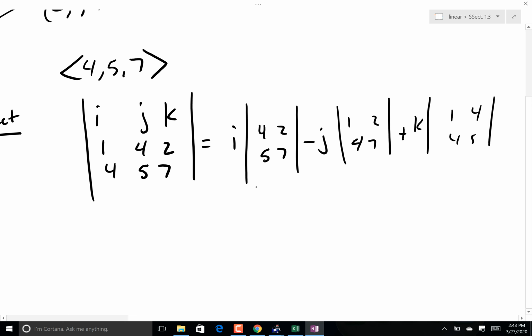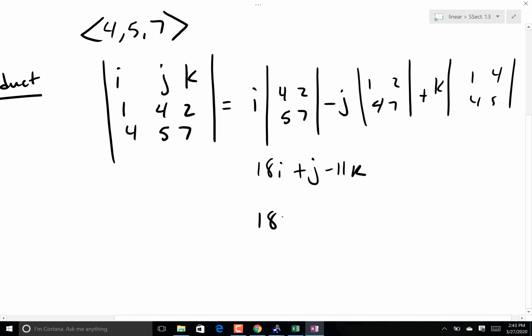You get 28 minus 10 is 18i. Then 7 minus 8 is negative 1, so plus j. 5 minus 16 is negative 11k. So what you've found here is 18, 1, negative 11.